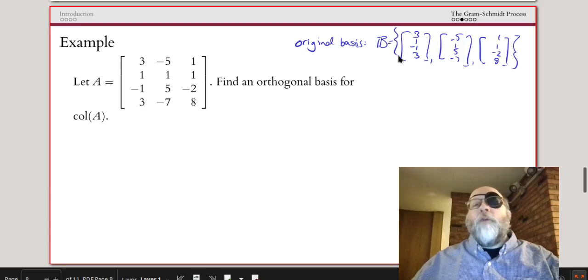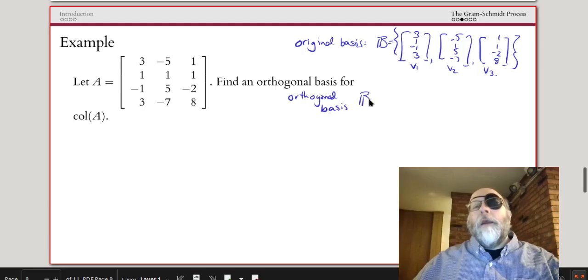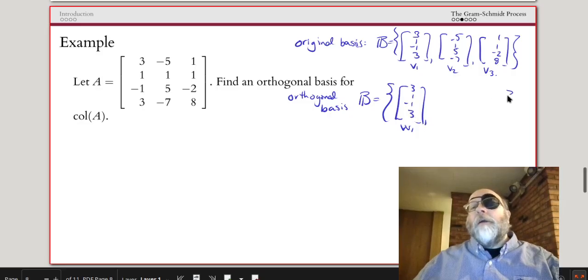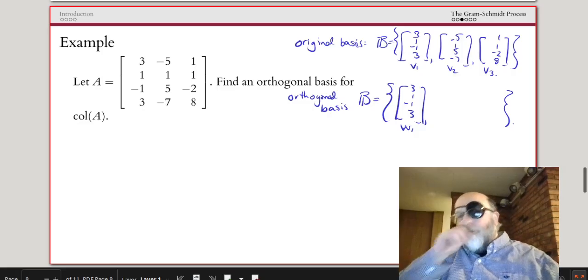So these are my original vectors. We'll call them v1, v2, and v3. We're going to build a new basis, the orthogonal basis. And I know that the first vector, my w1, is identical to the original first vector. And from here on out, we have to do some work.